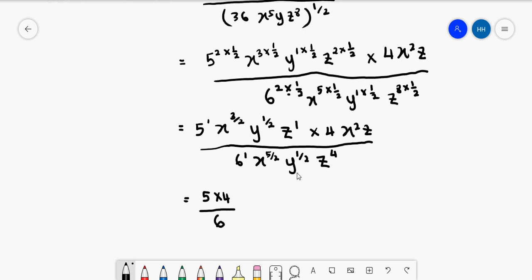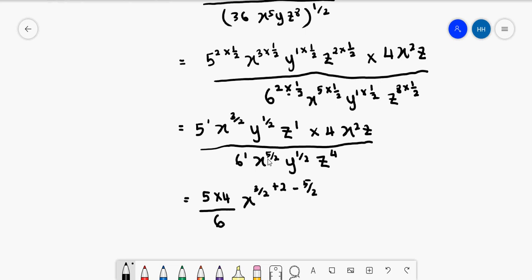First you look at x to the power of 3 over 2, multiply x power 2. So for multiplication you must plus the index, and you also have x below, that means divide x power 5 over 2. So for division you minus the index, 5 over 2. Okay, so for x, settle.